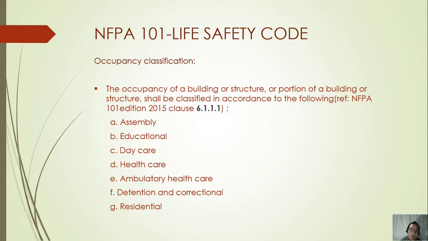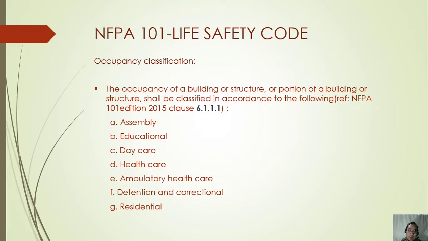So what are the types of occupancy? We have assembly, let's say malls, theaters, where we're expecting that the particular building is open to the public. That is assembly, or a big restaurant, that will be assembly.